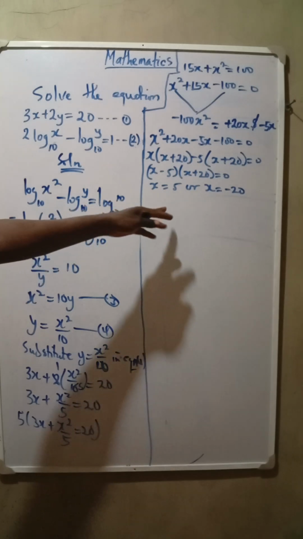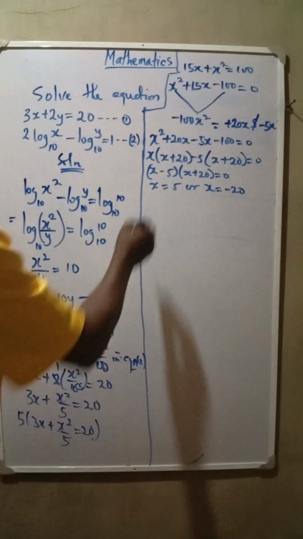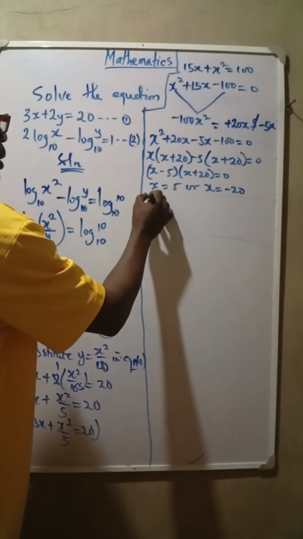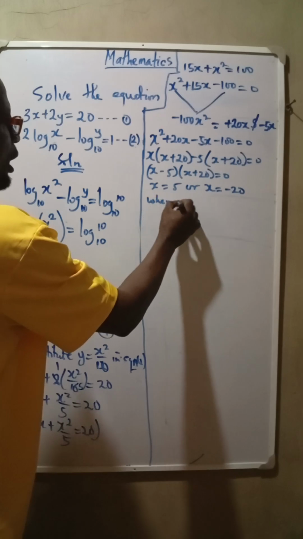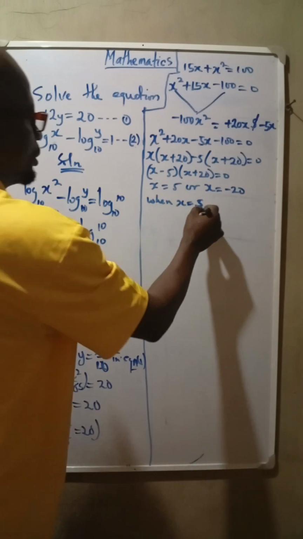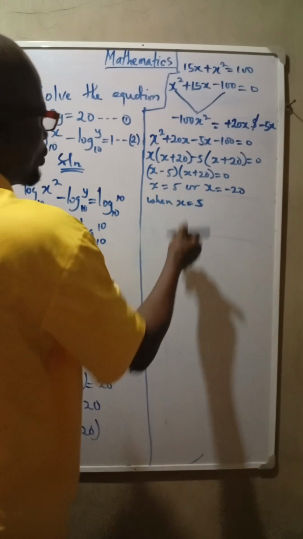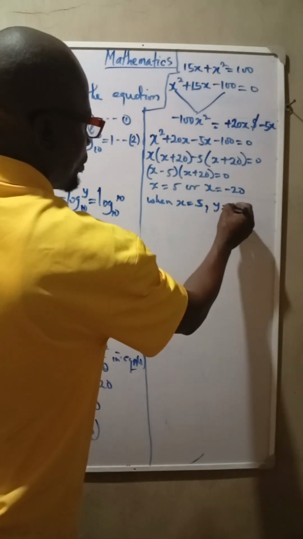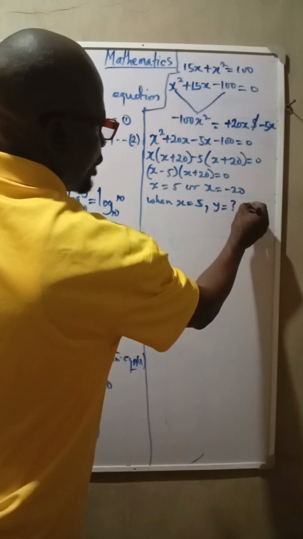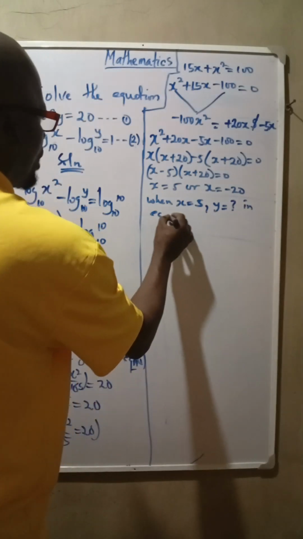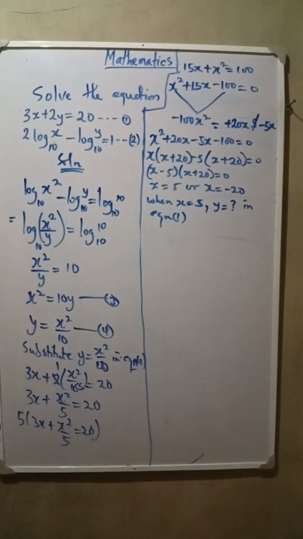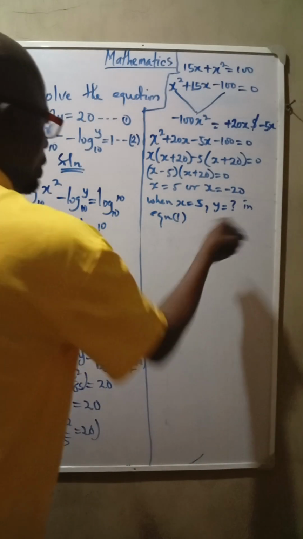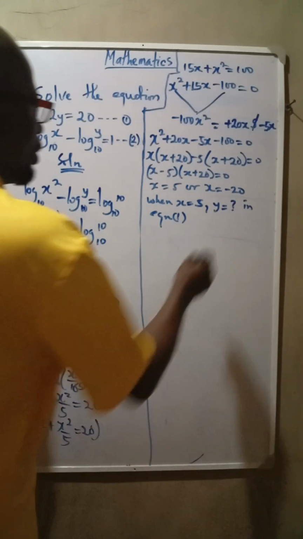We can then use it to look for y. So when x is equal to 5, we want to look for y. Let's use equation 4.